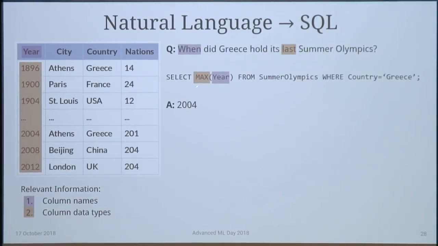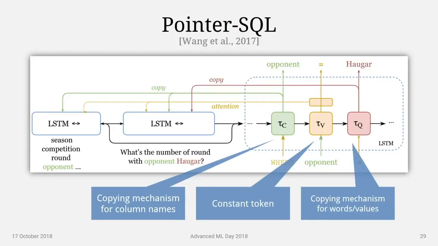So last often corresponds to a max operator in this case, based on my data set. I can tell you that this constant appears in the table, so it should probably appear also in the program if it appears in the question as well. These things can be noticed statistically pretty reliably. And if you want details, you can look up, for instance, this paper.